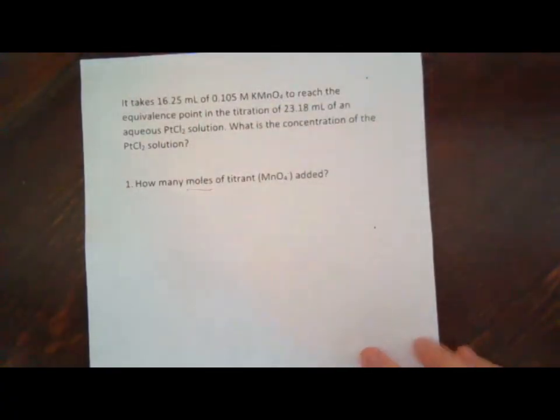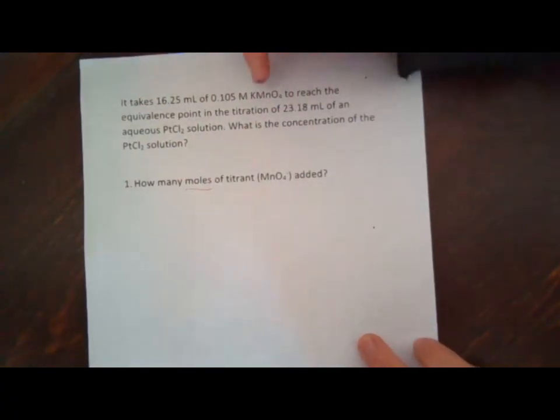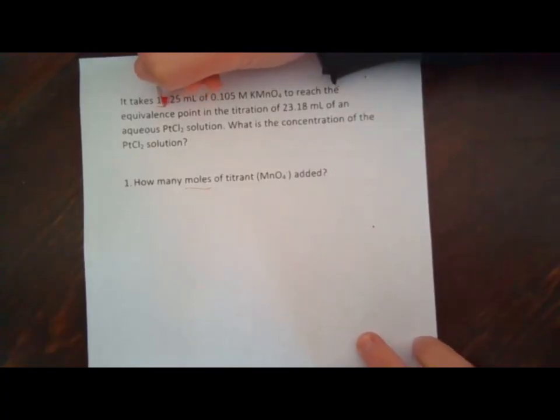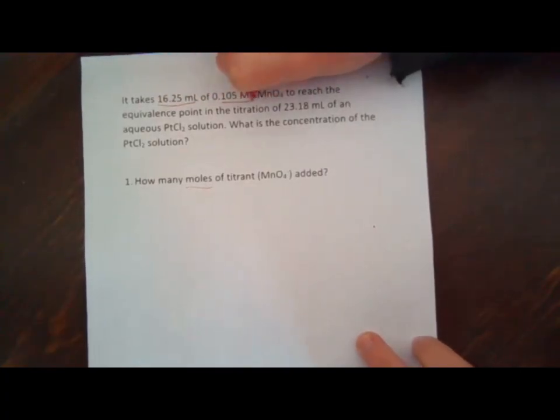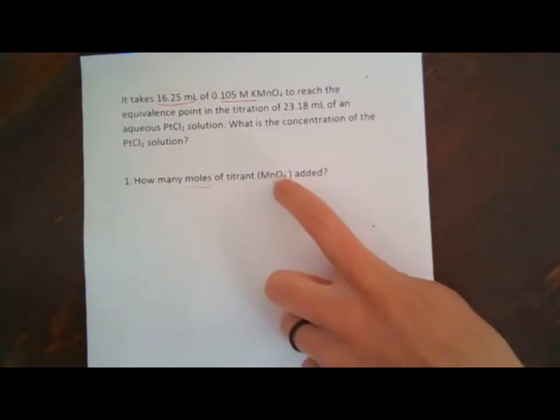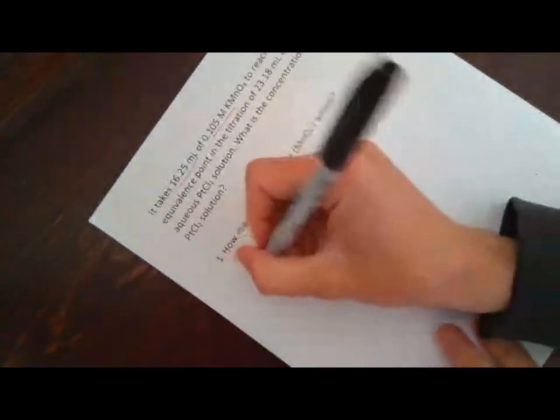So moles of titrant, we can see that we are given, that's the KMnO4. So we have a volume of titrant and we have a concentration of it. So this is just going to be a process of using the definition of molarity to figure out how many moles of solute, okay, the MnO4, are contained in this volume of solution. So we know we have a volume.